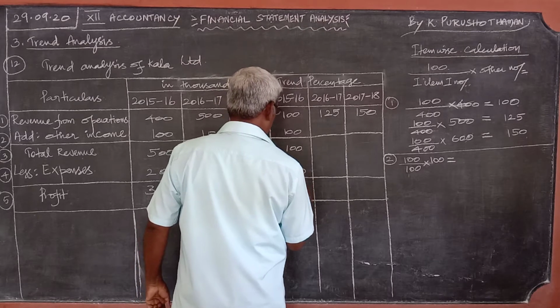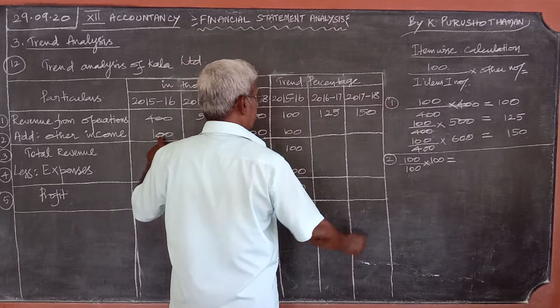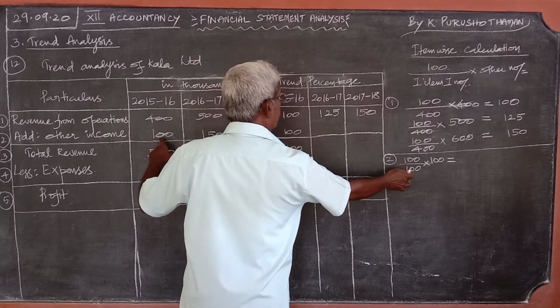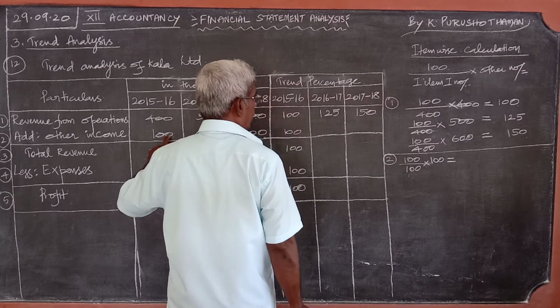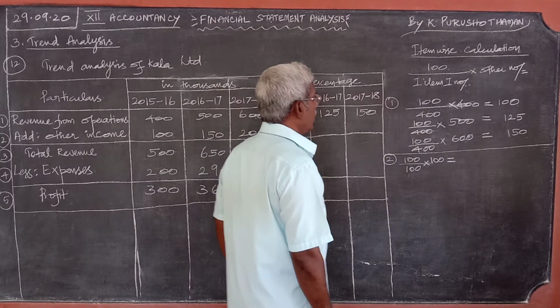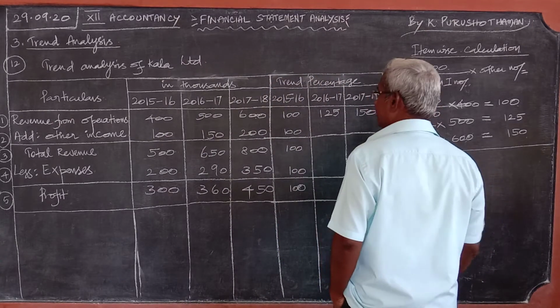For this 100, we divide 100 by the number, which is 100, so we get 100.